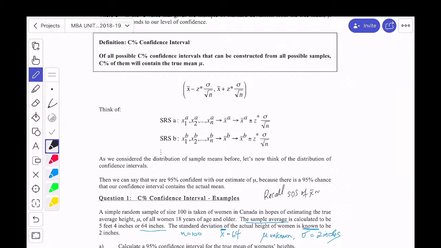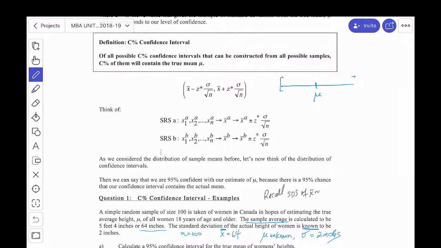So I describe here, let's say on a scale, the true mean is like here, and this is a 95% confidence interval.